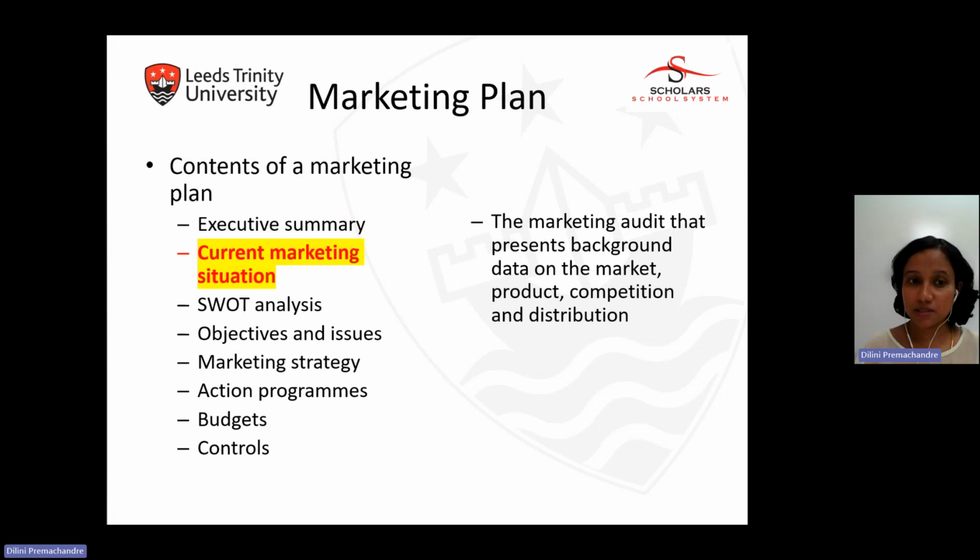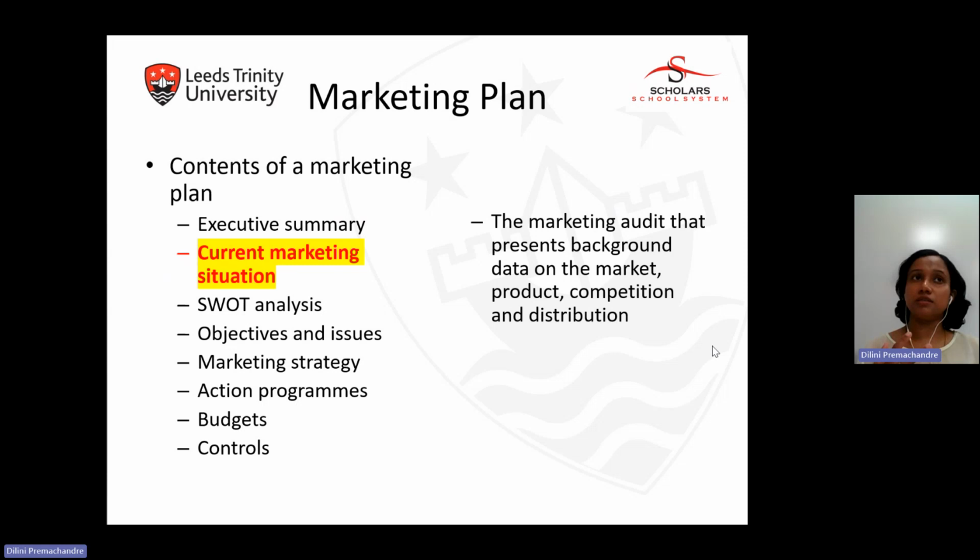And the next point is the current marketing situation. Here you will talk about the competition and what the market situation is. You can do a marketing audit, which means a SWOT analysis, and explain the present situation in the market, like what kind of competition you have.